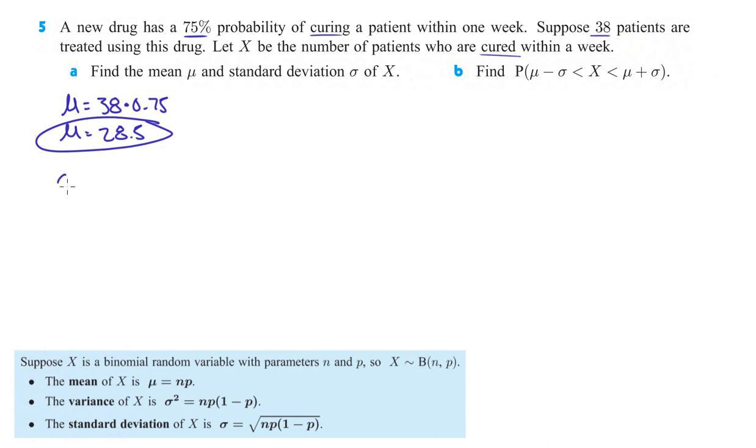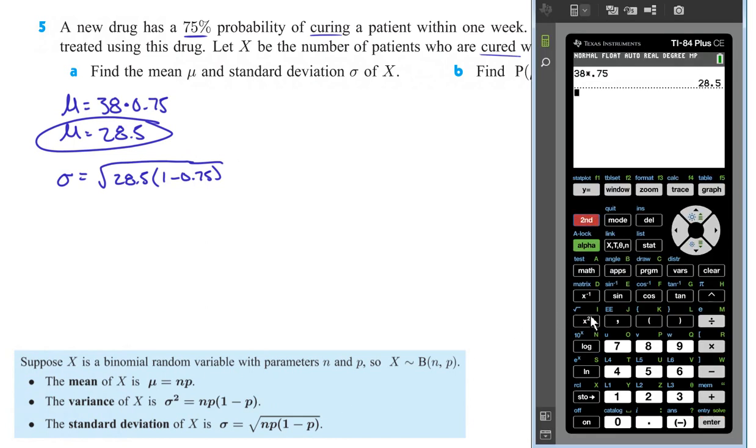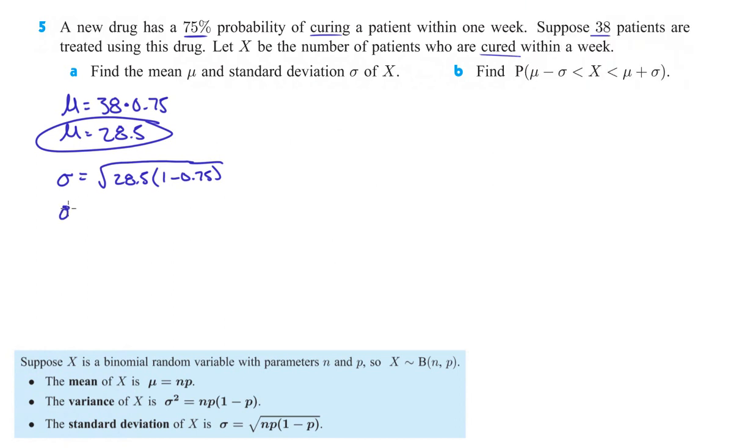And then our standard deviation is going to be the square root of our mean, 28.5, times 1 minus our chance of success, which is 0.75. So we could just put that all in the calculator just like it looks: 28.5 times 1 minus 0.75. And that gives us 2.67.